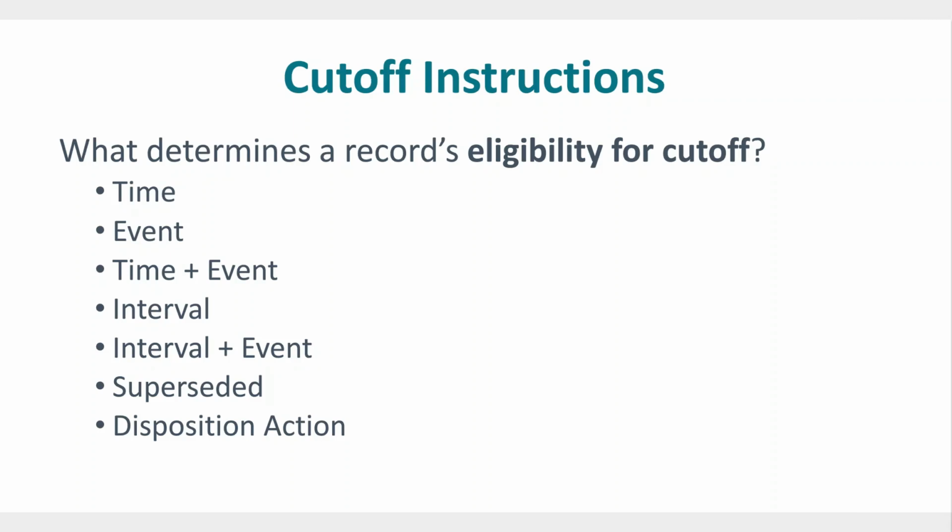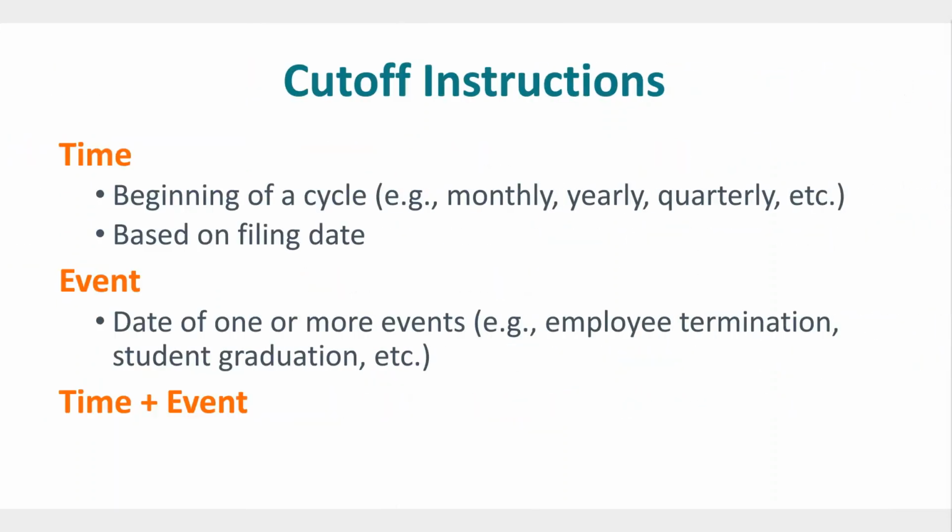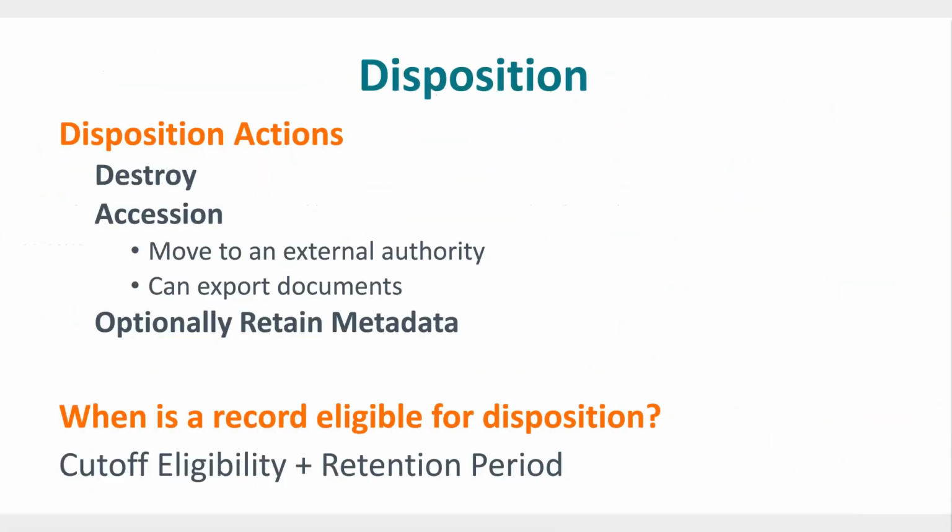One can't be put into retention until a new one is available. And then a disposition action can also determine cutoff if it's something immediate. So here's a little definition just for the slides later of all of those more common cutoff instructions.